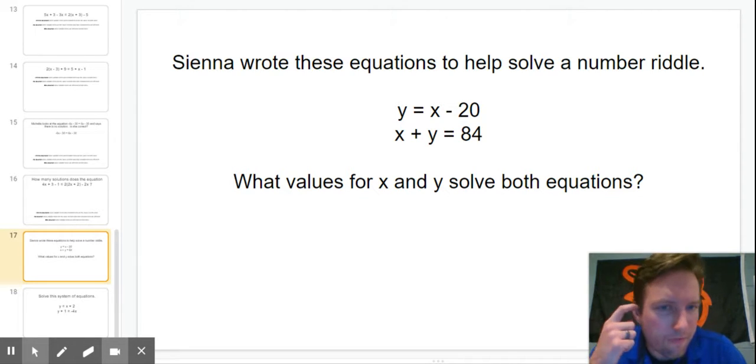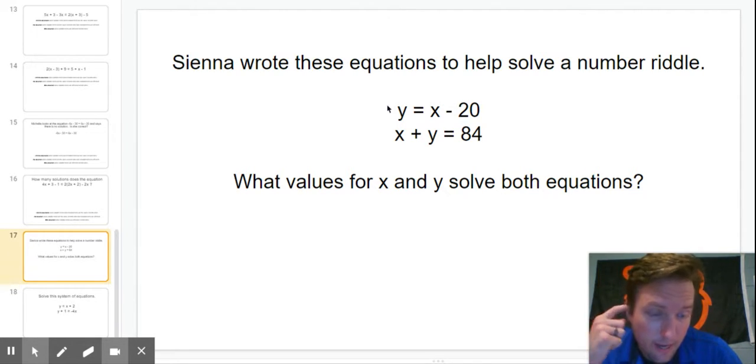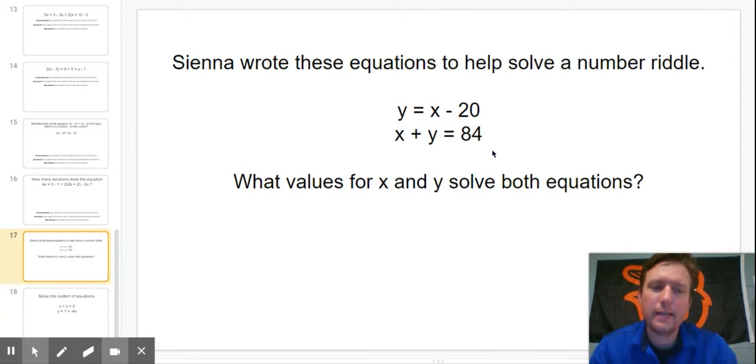We're going to try to find a solution that would satisfy both of these equations. We're going to break this down step by step and add to it over the next several days. If you have any trouble, I want you to reach out and let me know. But again, these are called systems of equations, and we're going to start with this one today.